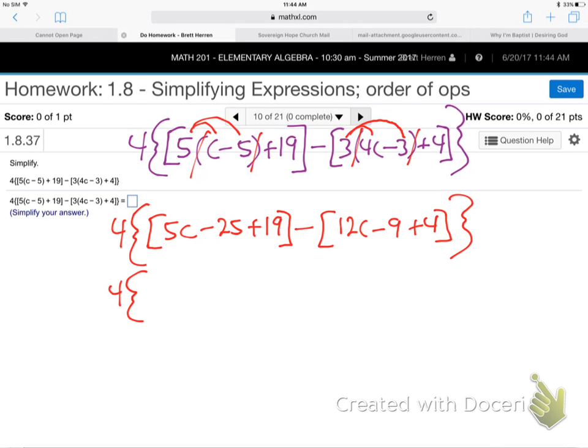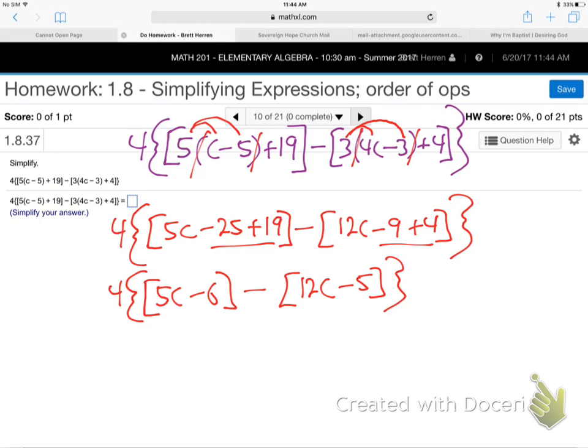Now gather like terms. Minus 25 plus 19 is minus 6. And this is minus 9 plus 4. Minus 5. Good so far. Now, what about this minus sign right here up against this bracket wall?